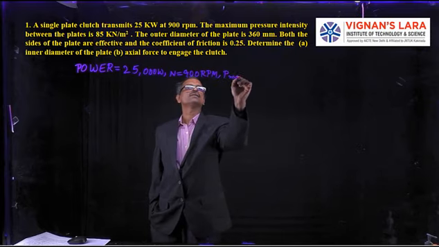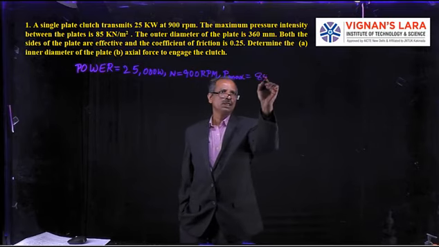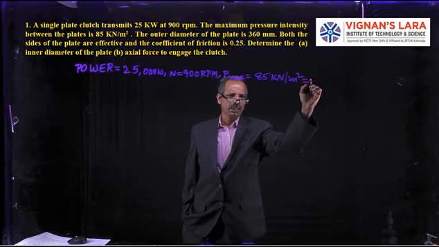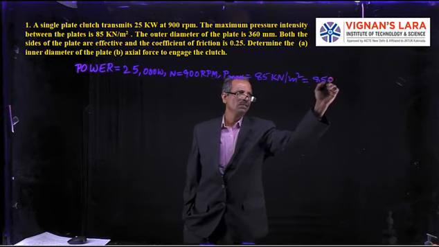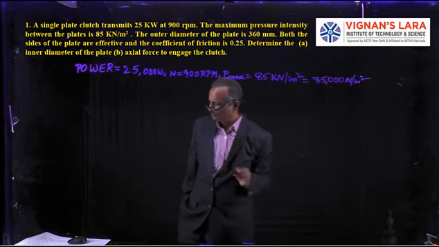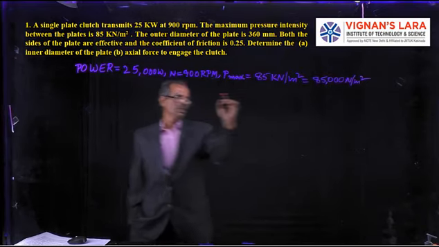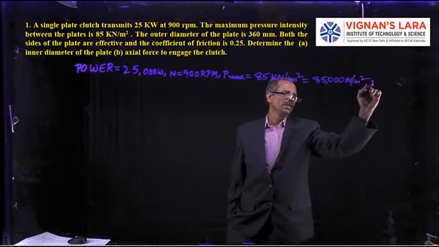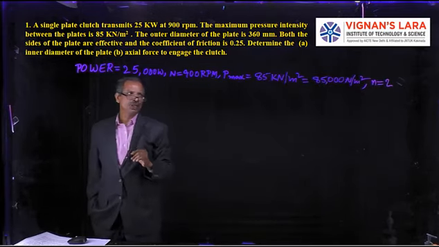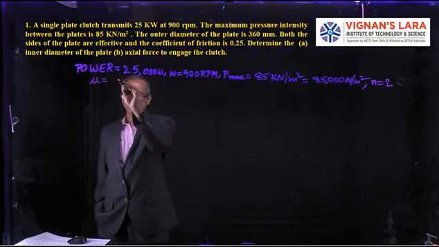P max is 85 kilonewton per meter square, which is 85,000 Newton per meter square. Both sides are effective, so the number of active surfaces N is 2. The coefficient of friction is 0.25.